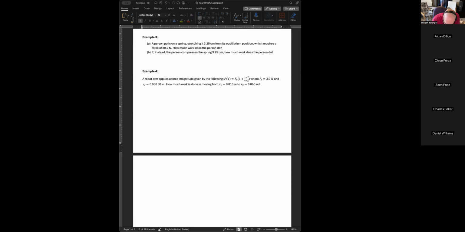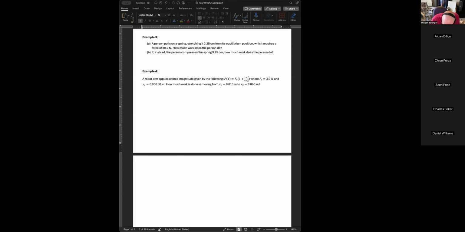That's what we normally do, but in this case, everything's in the x direction. So the integral from x1 to x2 of F0 times 1 plus x squared over x0 squared, dx.